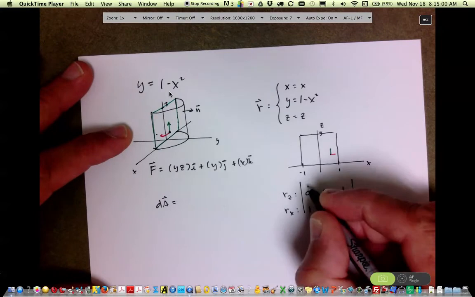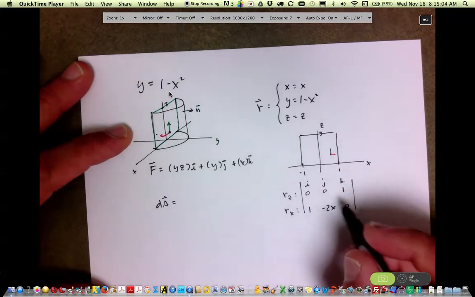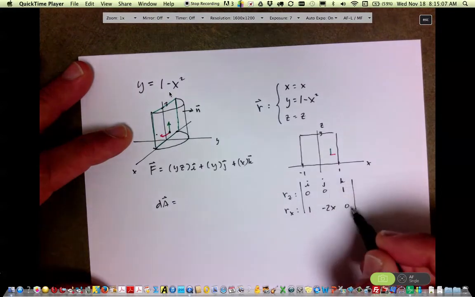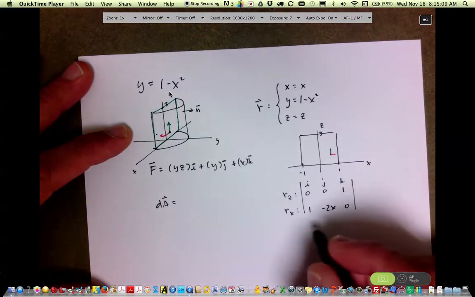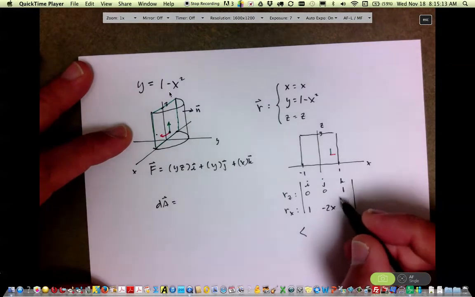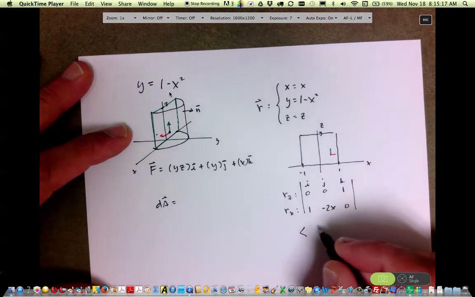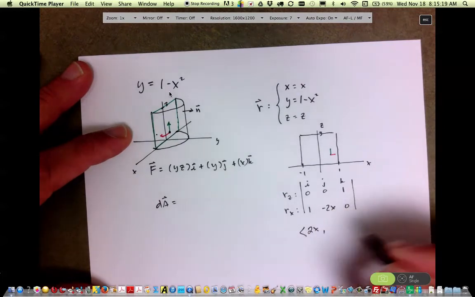Then take the cross product of those two. The i component will be 0 minus negative 2x, which gives me 2x.